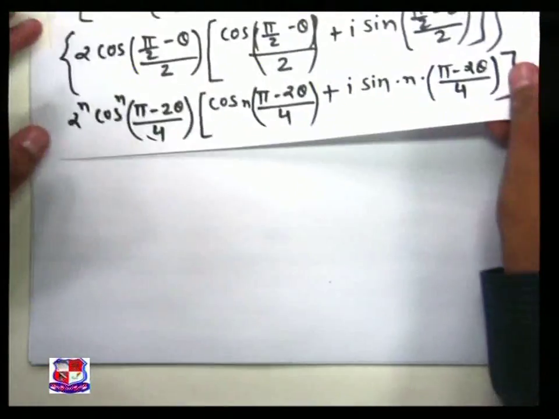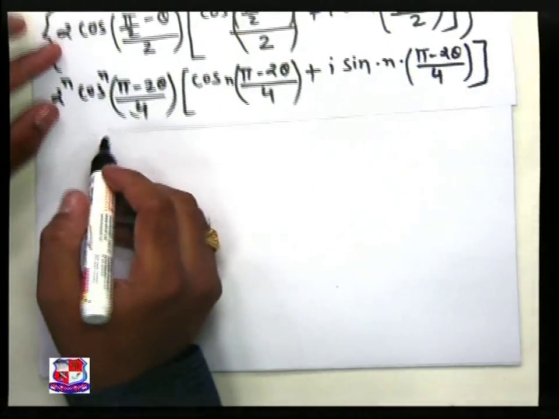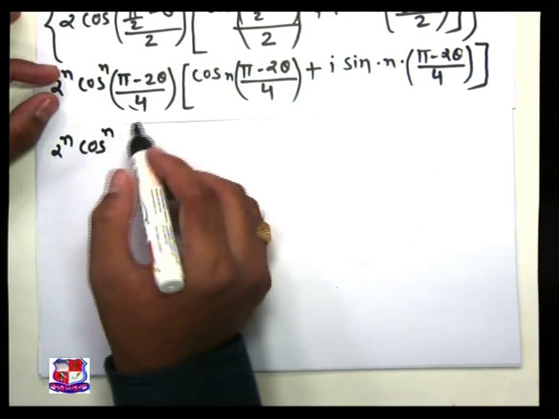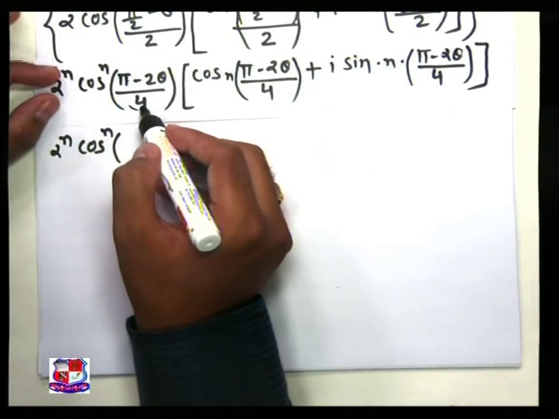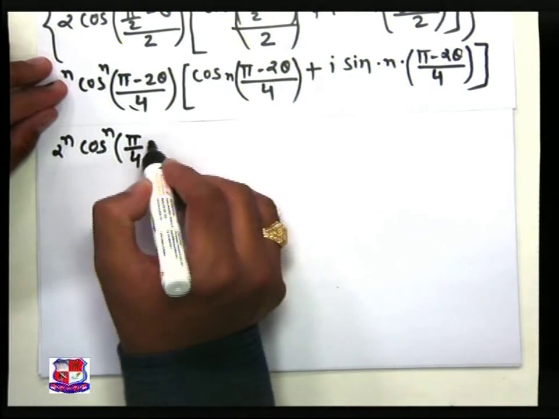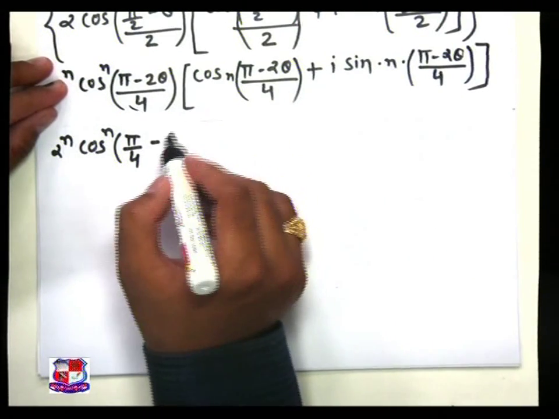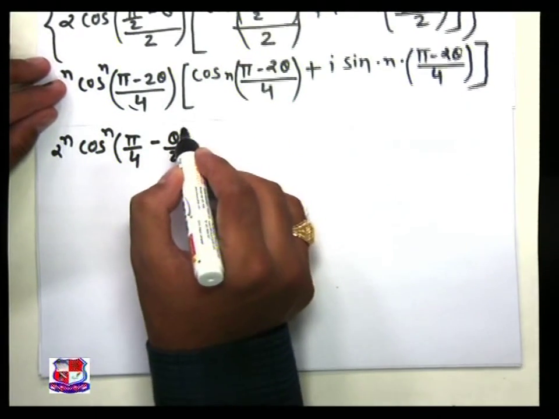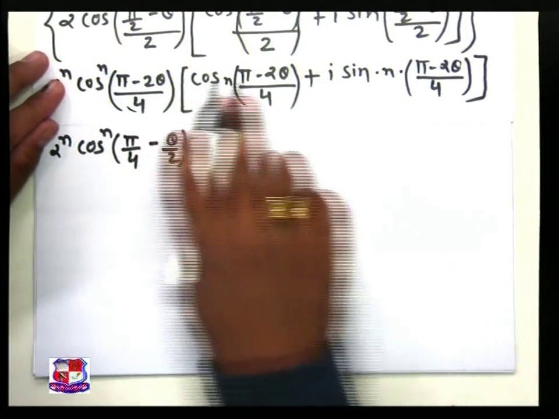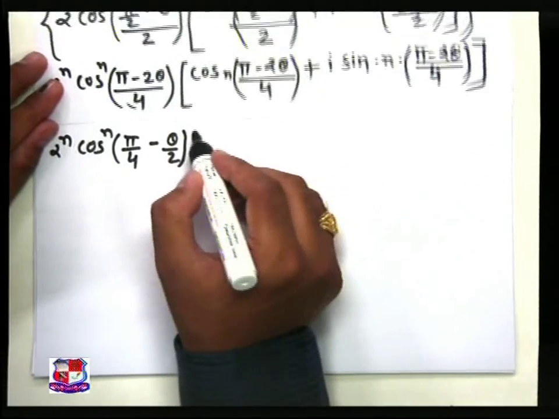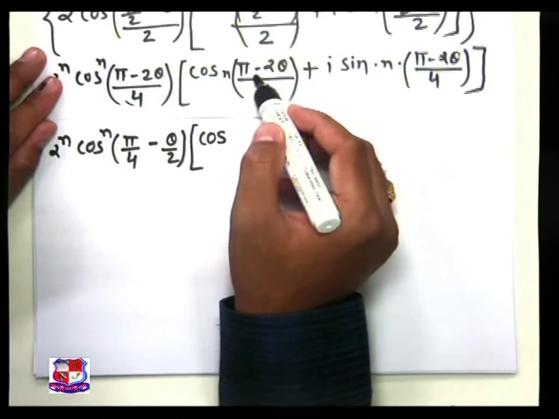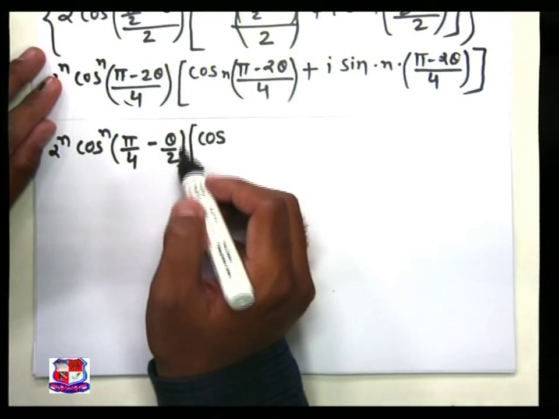Now again we want to simplify this set of equations. So 2 raised to n as it is, cos raised to n, here by 4, that we take on both sides, that is pi by 4 minus 2 theta by 4, that becomes theta by 2 only. Now again we simplify this term, that is in bracket cos, the angle simplification, same pi by 4 minus theta by 2.